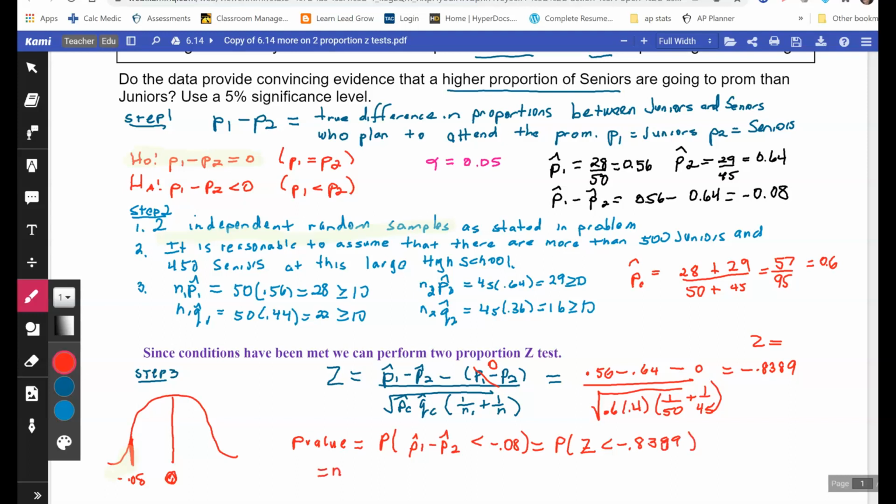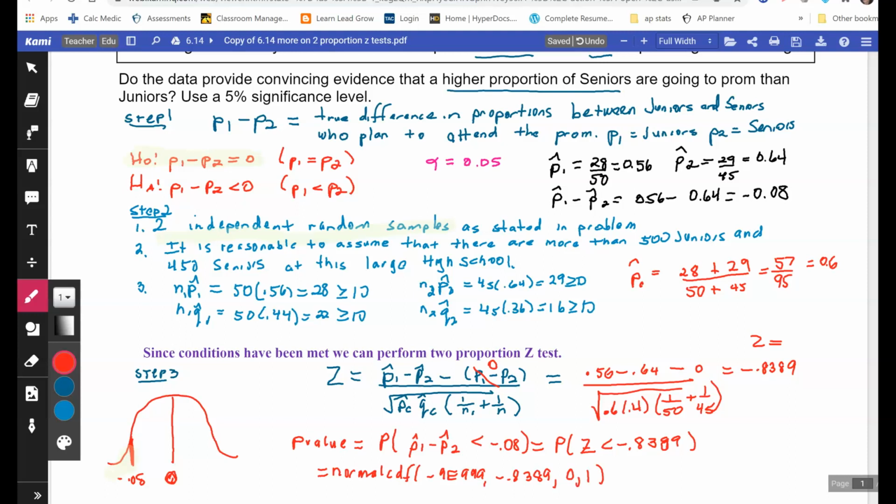And then you're going to do normal CDF, negative 9E999, negative 0.8389, and then it's going to be 0, 1.